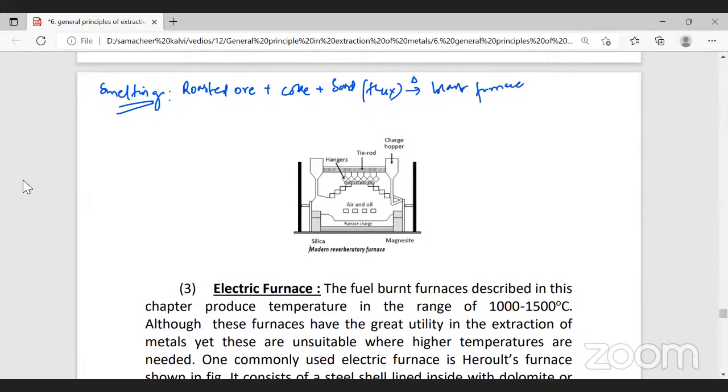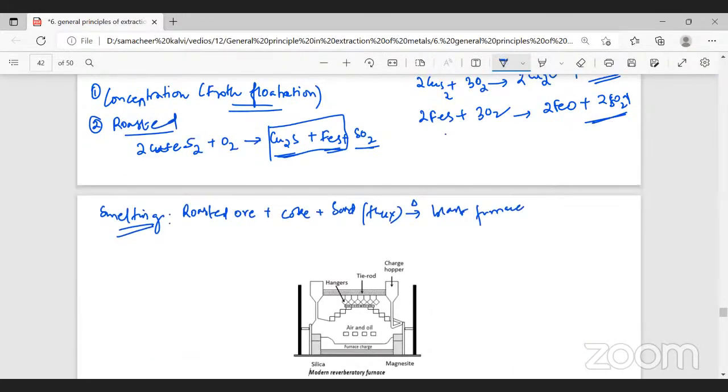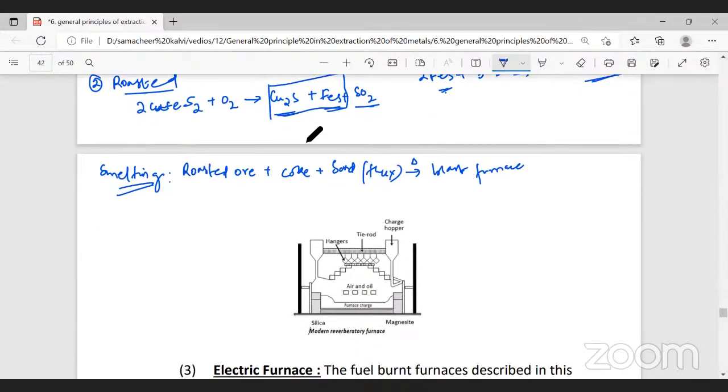So what happens when you heat in the blast furnace? Now, in the previous equations, you see a lot of equations we have to learn here. You have ferrous sulfide as well as copper sulfide. The following changes take place. The first one is iron sulfide, FeS. It gets oxidized because you're heating it in the presence of air.